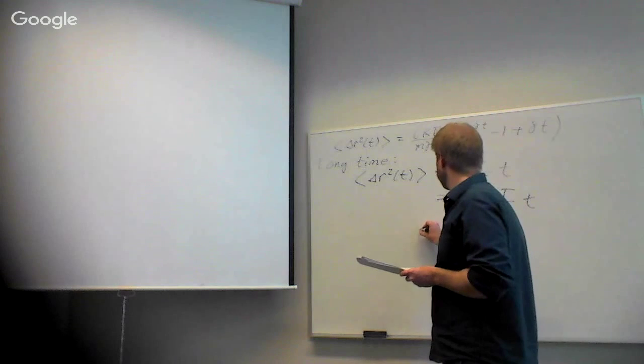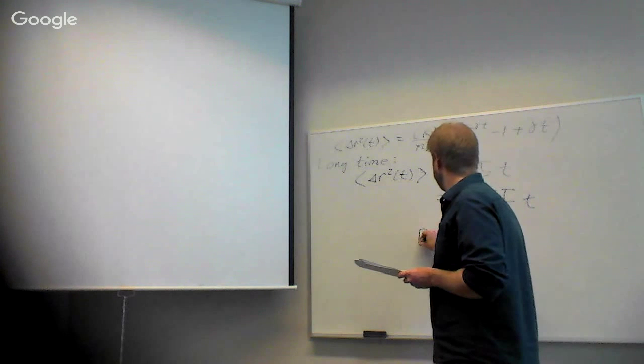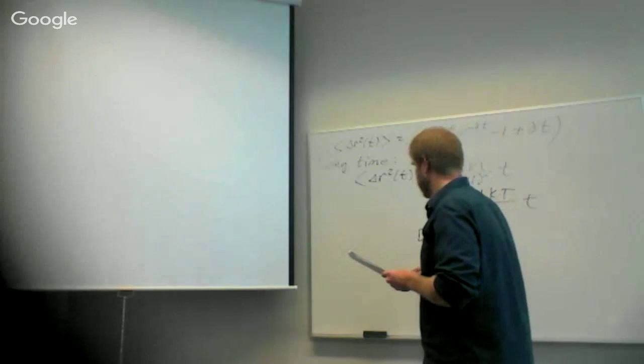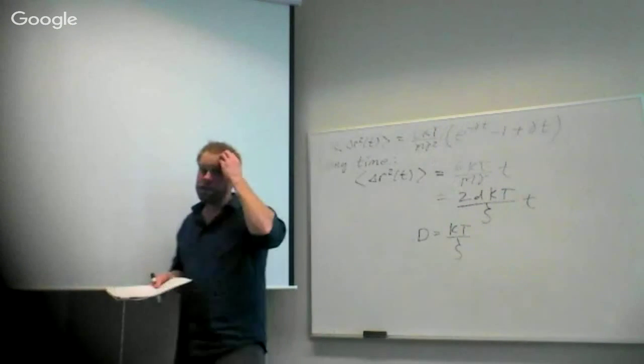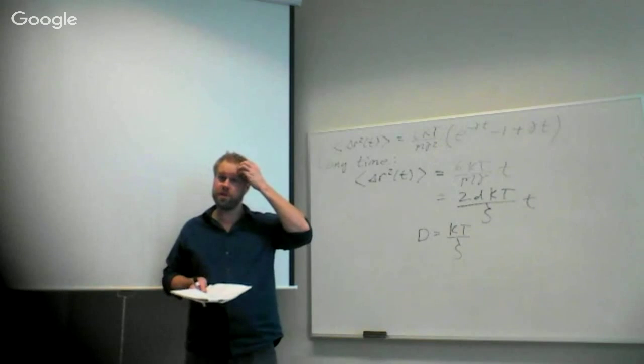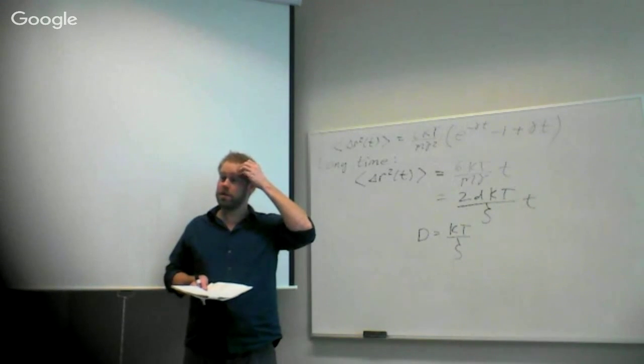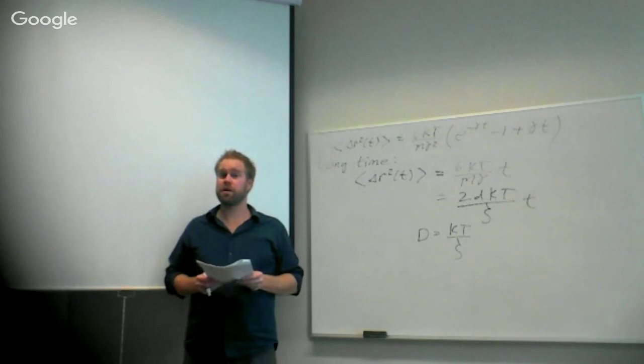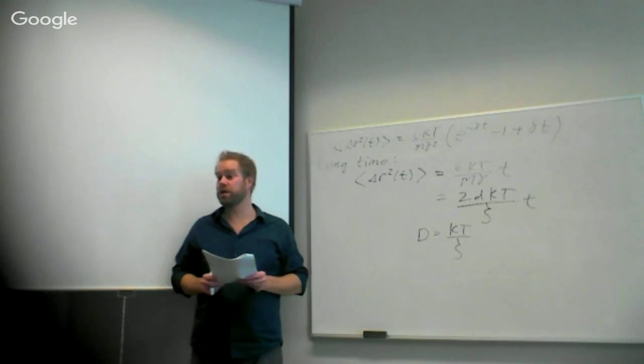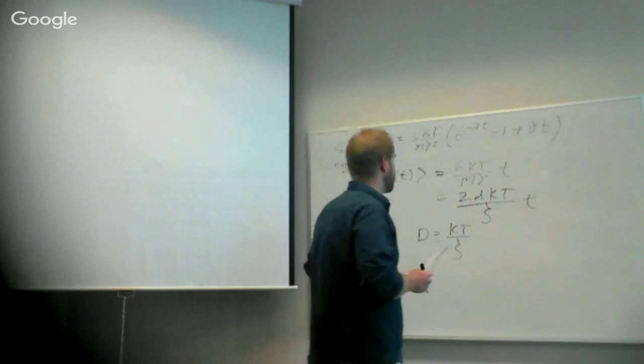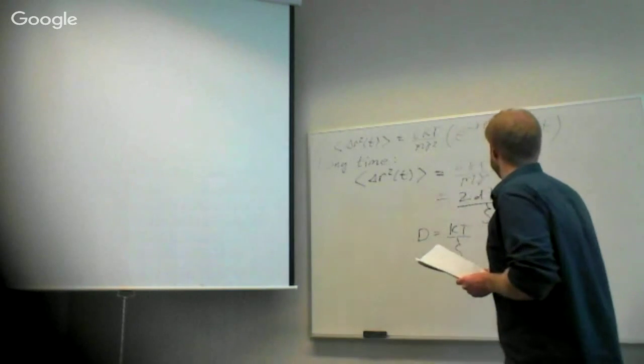And I want to be very bold, and I want to define something. Because capital D over zeta, anyone know what this is? Yeah, the diffusion coefficient.